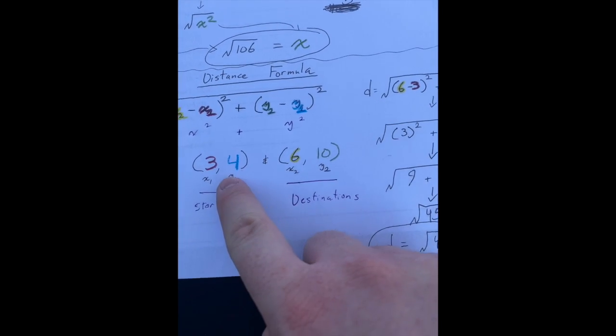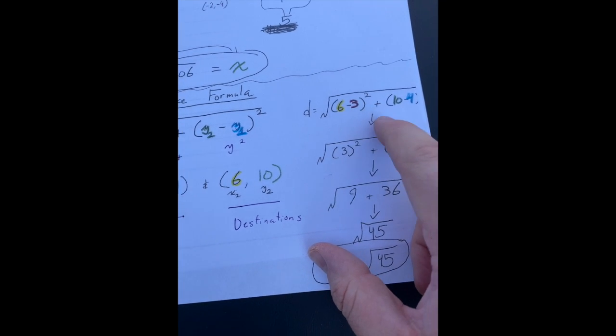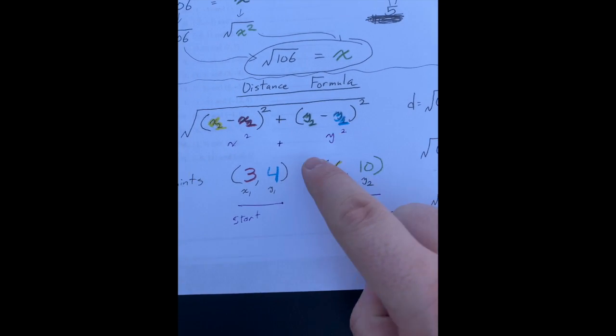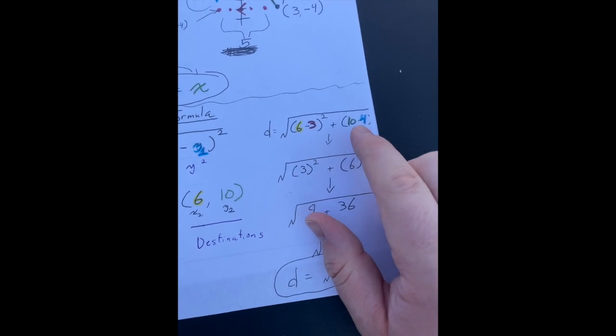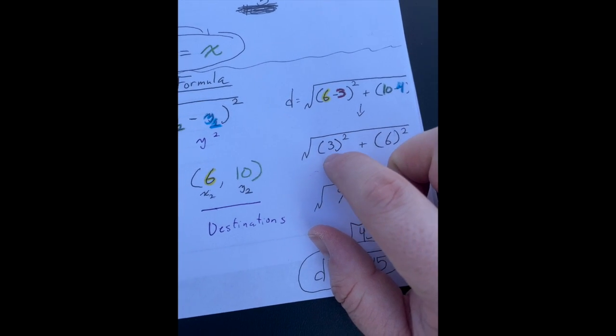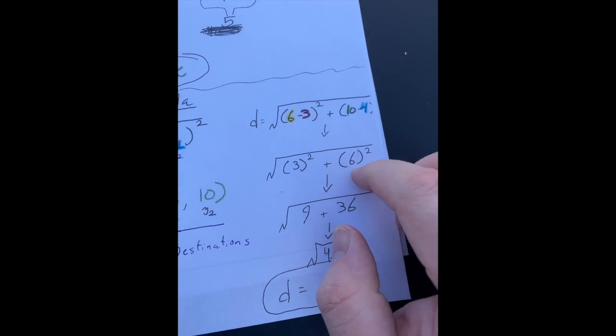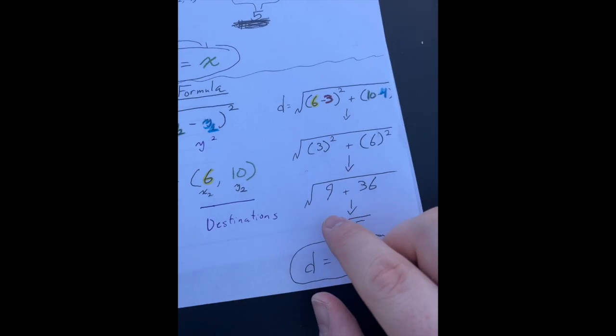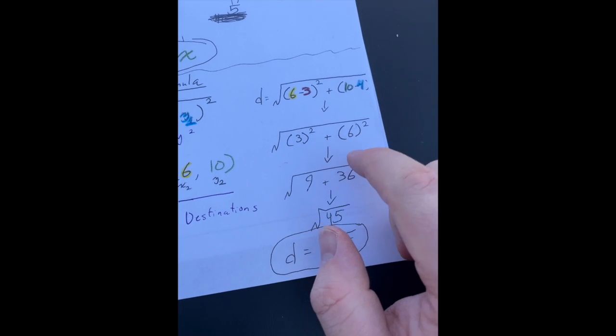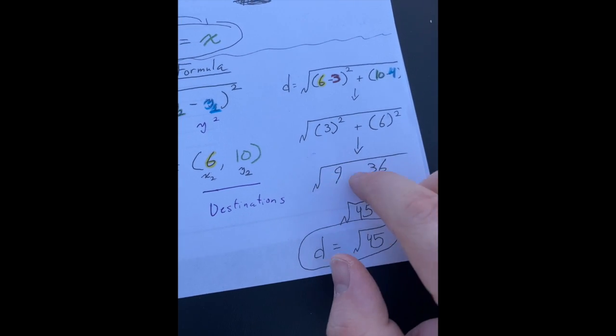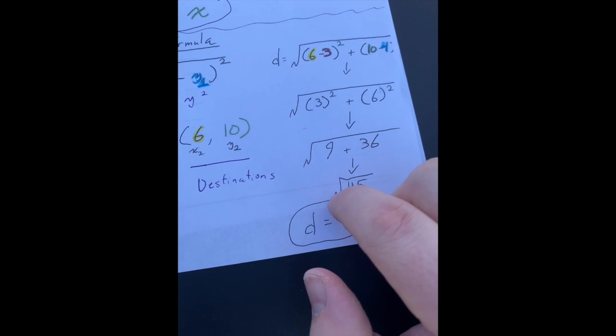So 6 minus 3 squared plus 10 minus 4 squared. 6 minus 3 is going to be 3 squared. And then 10 minus 4 is 6. So we're going to square these now. 3 squared is 9. 6 squared is 36. Add them all up, you get 45.